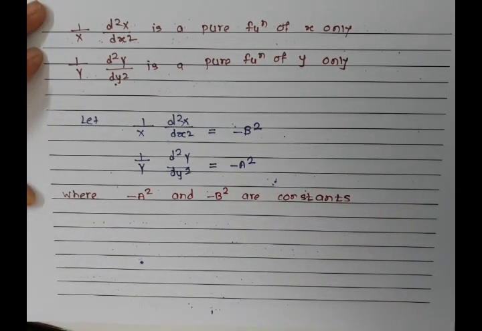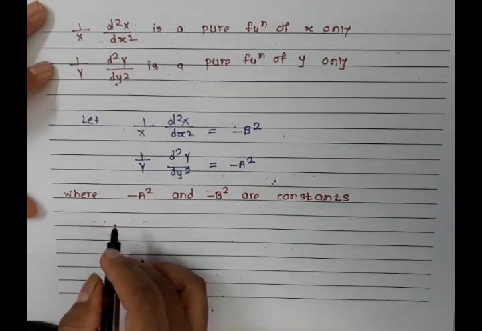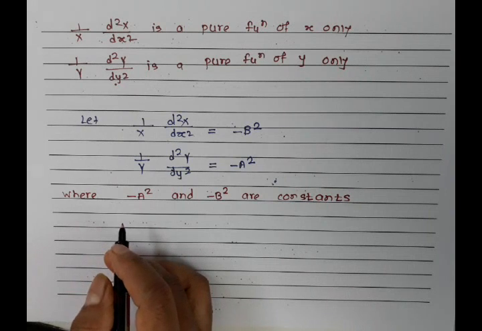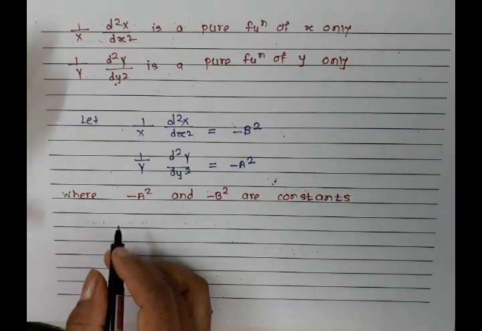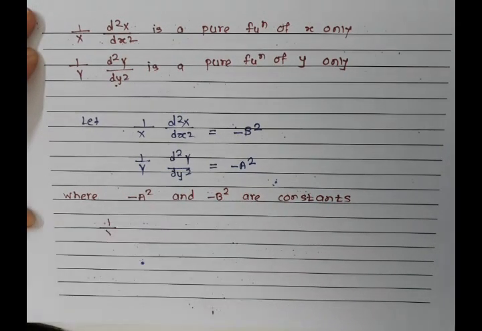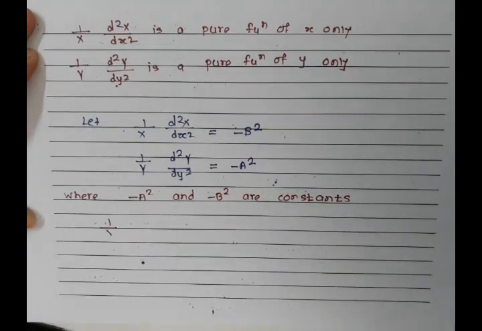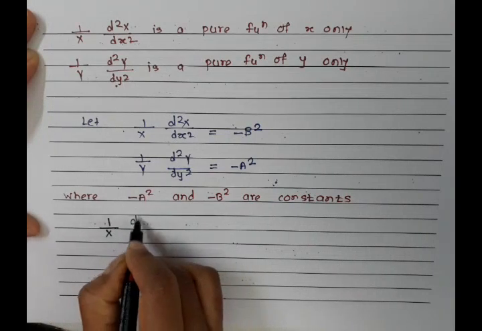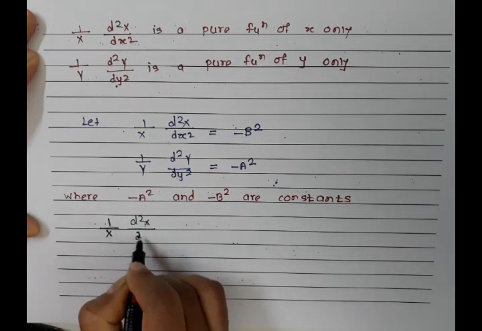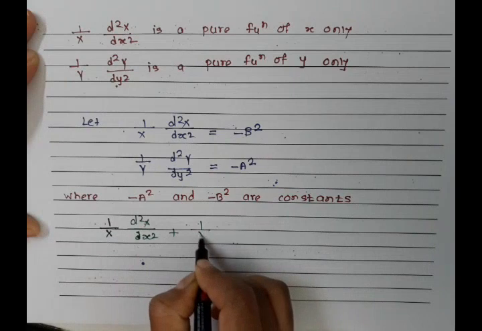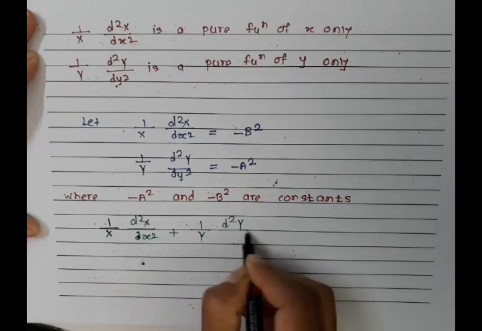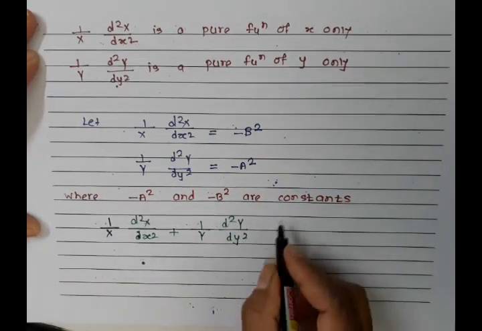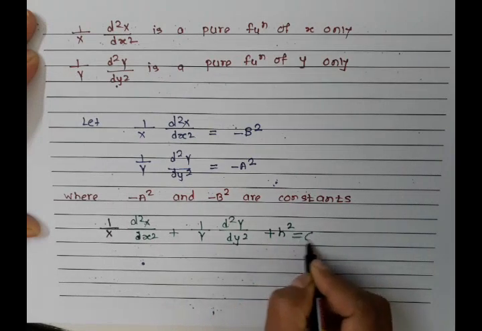Now substituting in the above equation, we know that our previous equation was 1/X d²X/dx² plus 1/Y d²Y/dy² plus h squared is equal to 0.